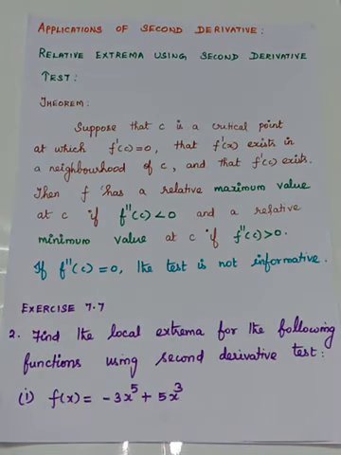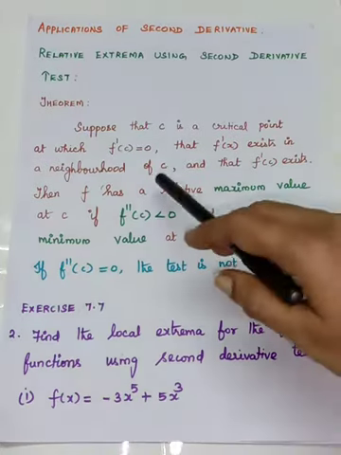That means, using the second derivative test, what are the steps we have to follow to find a relative extrema? First, you have to find the first derivative. Next, you have to equate the first derivative to 0 and find the points. Here C is given.